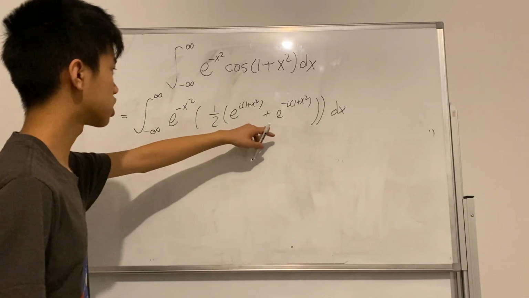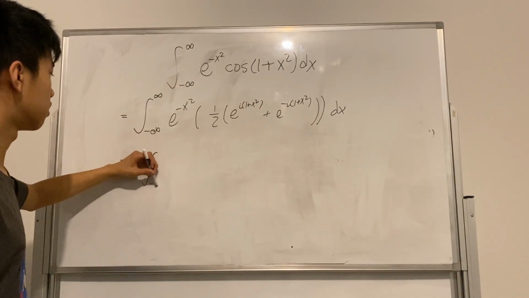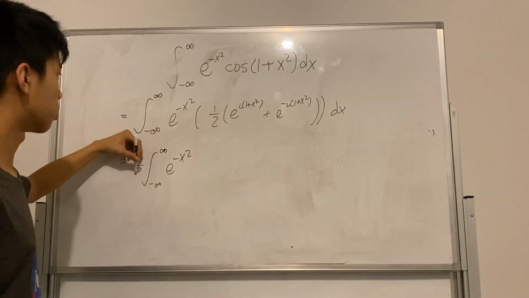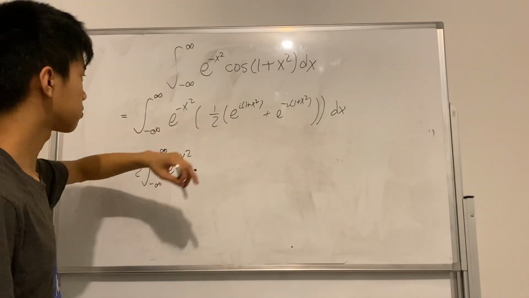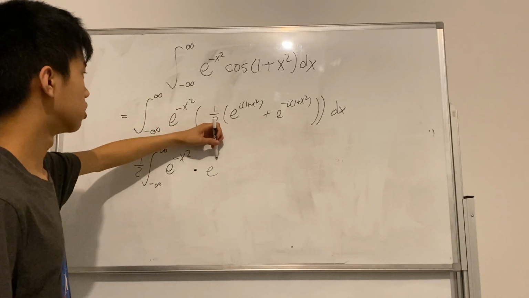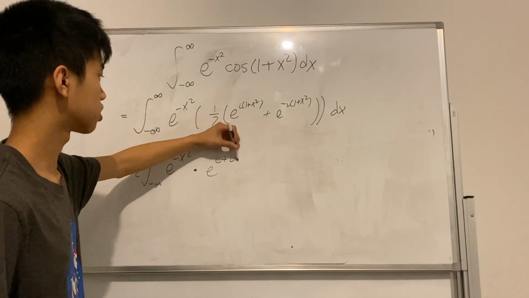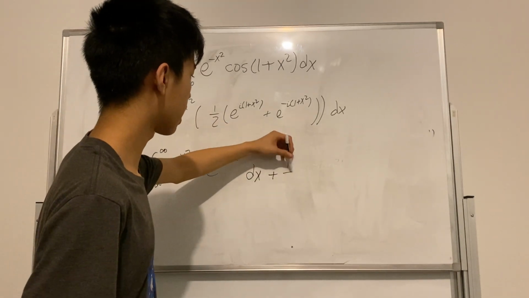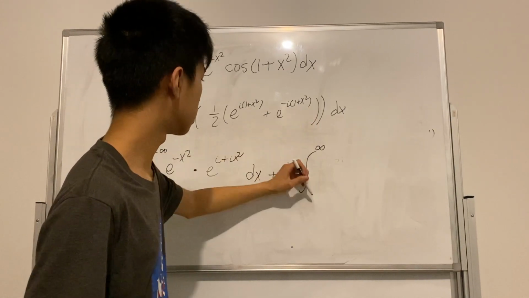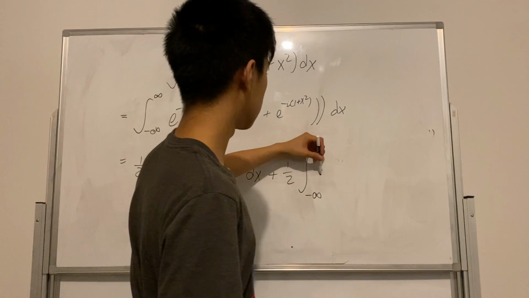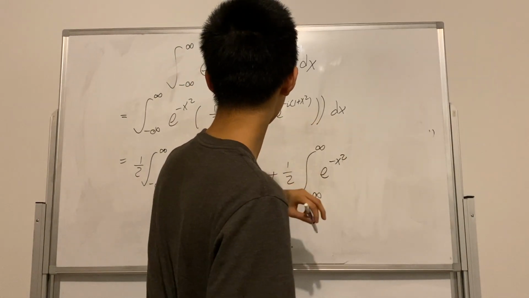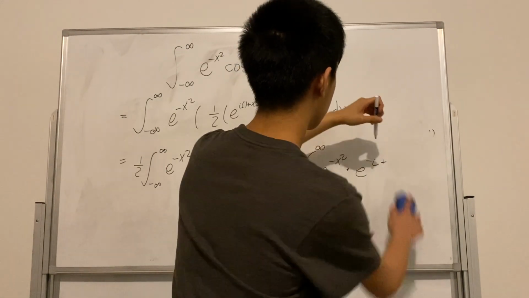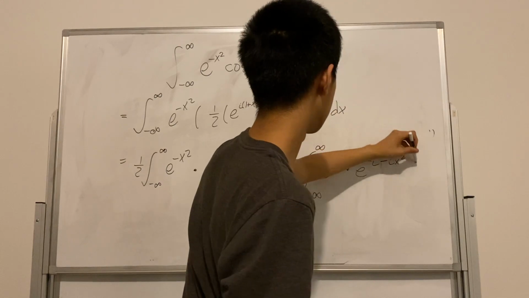First of all, let's separate these two terms. So we have the integral from negative infinity to infinity of e to the negative x squared, and let's take out 1/2 times e to the i plus i x squared dx, plus 1/2 the integral of e to the negative x squared times e to the negative i minus i x squared dx.